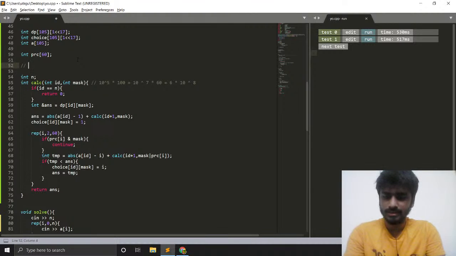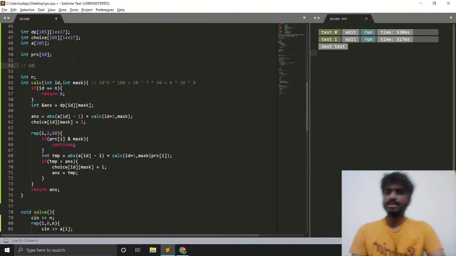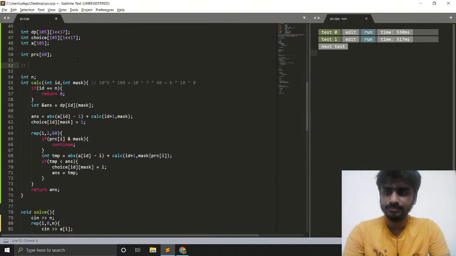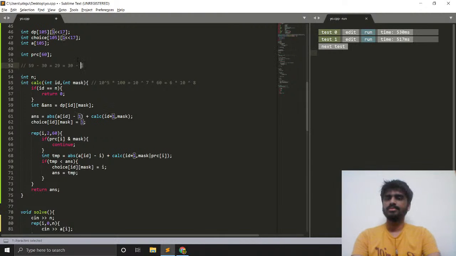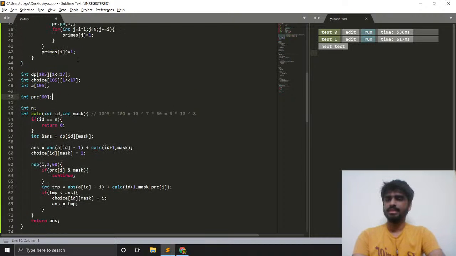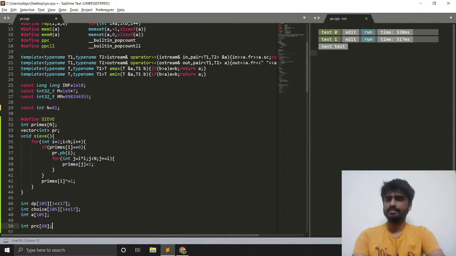Thing is, I estimated it wrong. I said it should be smaller than 60, but the thing is, even if we take 59, then 59 minus 30 is equal to 29, and that is equal to 39. That is equal to 30 minus 1. So we'll never take 59 either. So we can just remove that as well.